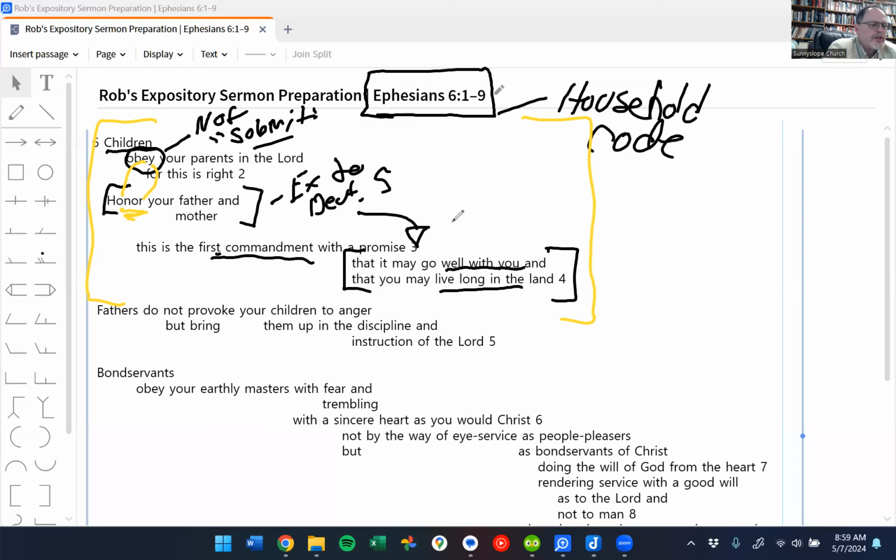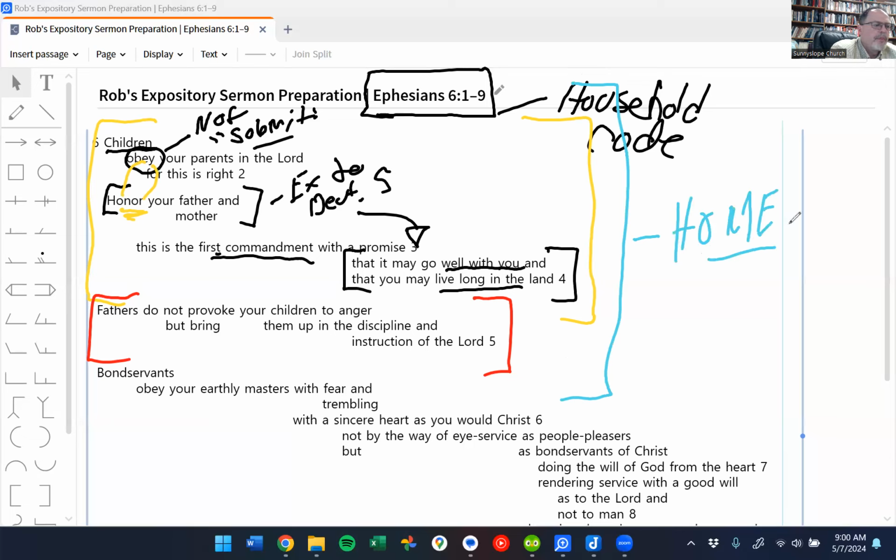The second person or group of people that Paul addresses is fathers. It's a shorter section, but what's interesting is that Paul actually addresses them at all. If this larger section, we'll color it blue, is the home, it speaks to children, and normally you would just expect instruction being given to the children.